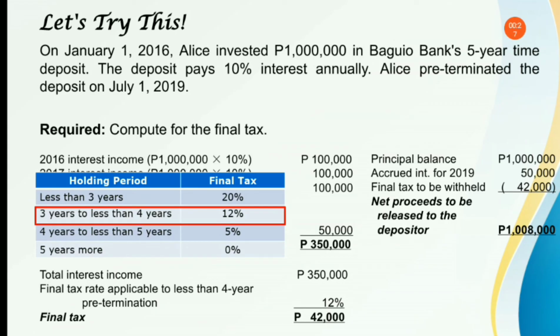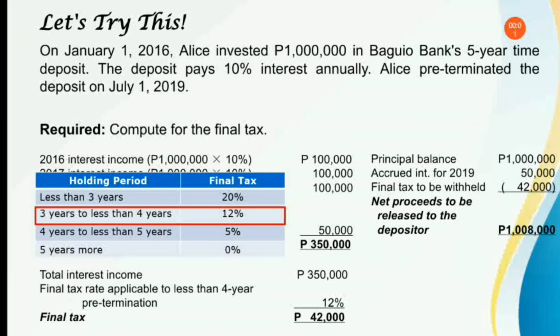That is 50,000. Tapos deduct natin yung na-compute din nating final tax, which is 42,000 pesos. So the answer to that is 1,008,000 pesos. So ito yung net proceeds to be released to Alice. So, ito yung matatanggap niya.